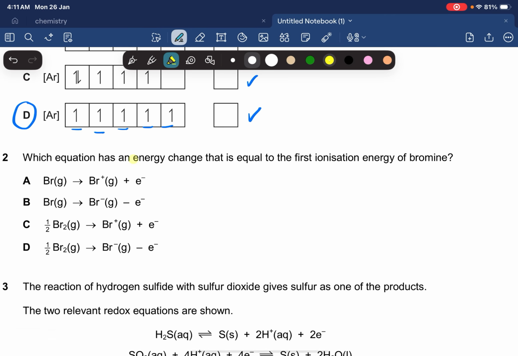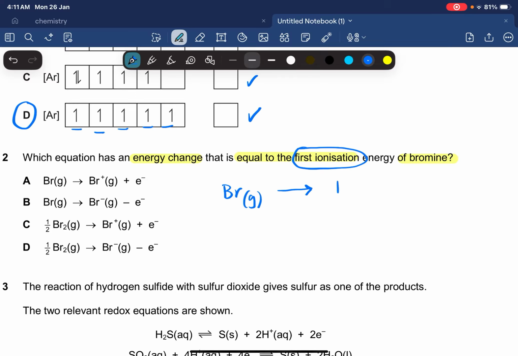Which equation has the energy change that is equal to the first ionization energy of bromine? Okay. First ionization energy of bromine means that we have to take a bromine atom which is in gaseous state, and then we have to pluck out 1 electron from it.